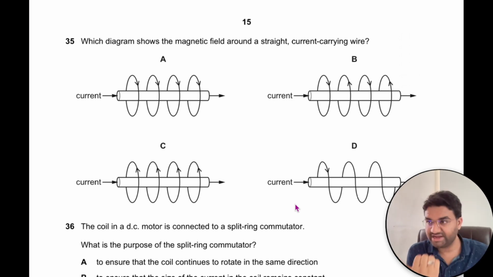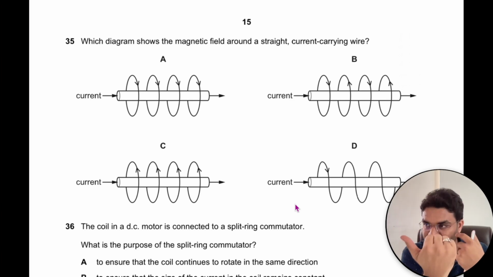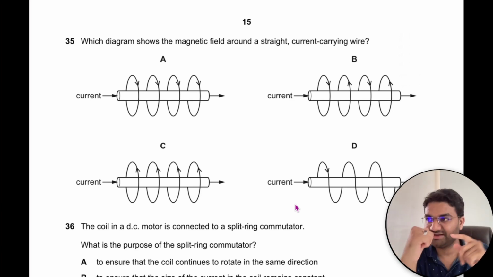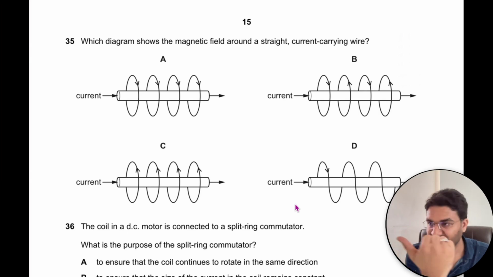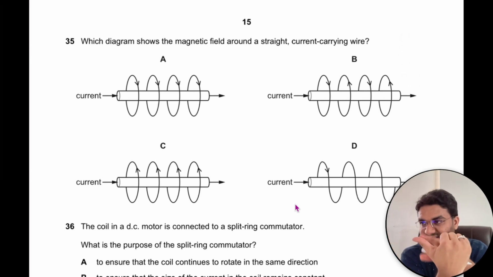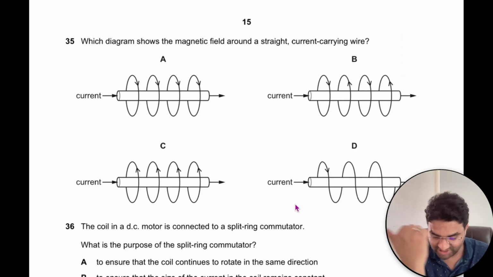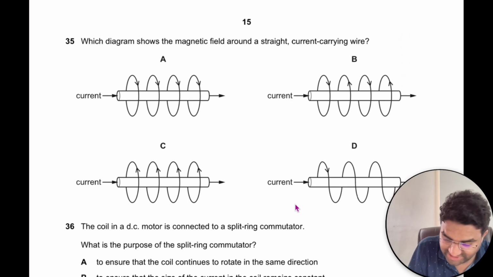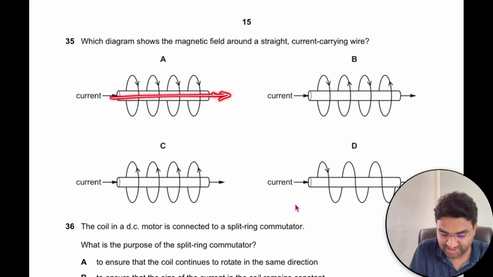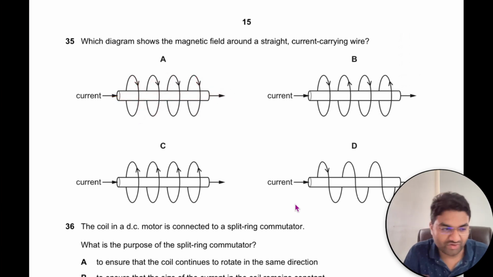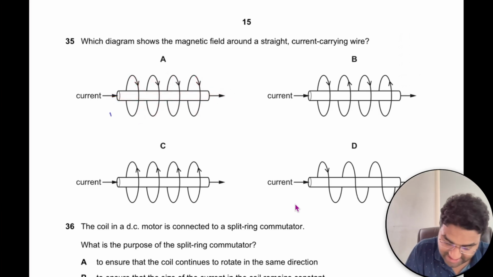If you look here, make your hand like this, with your fingers directed downward, and the current arrow is the thumb. So the first one is the thumb arrow, and the curling finger arrow is going downward. So the answer is A.